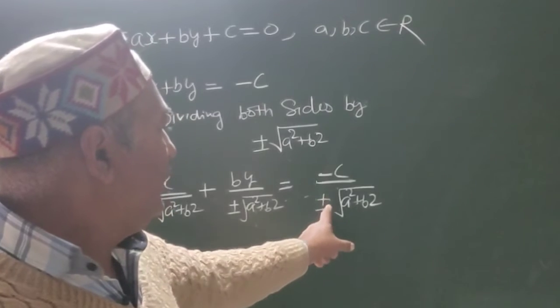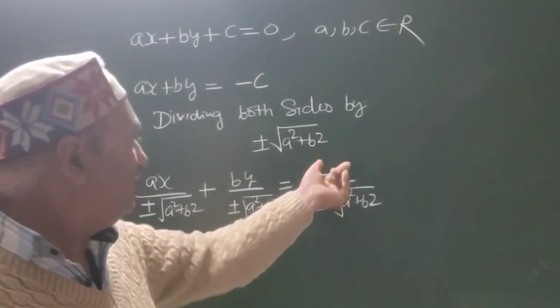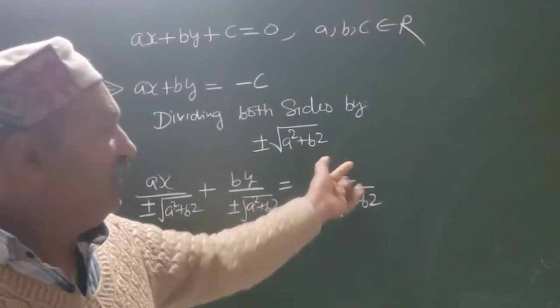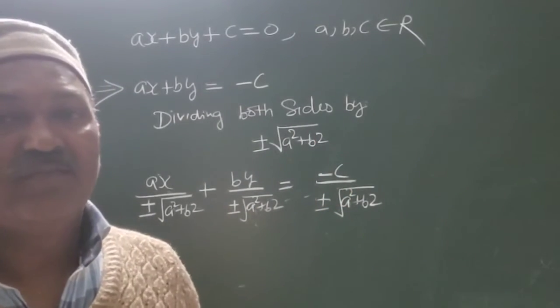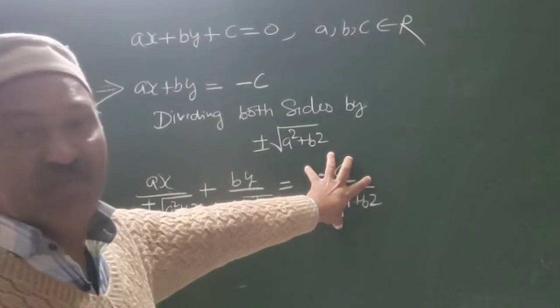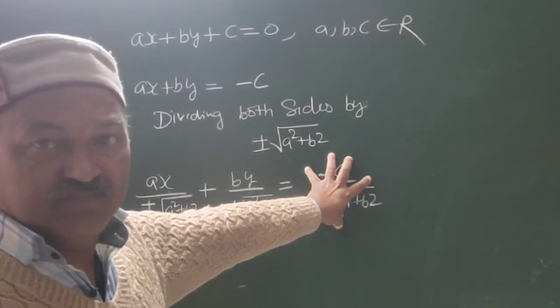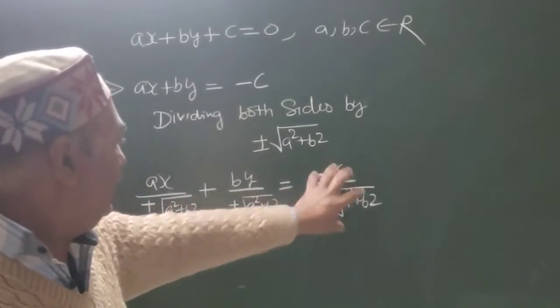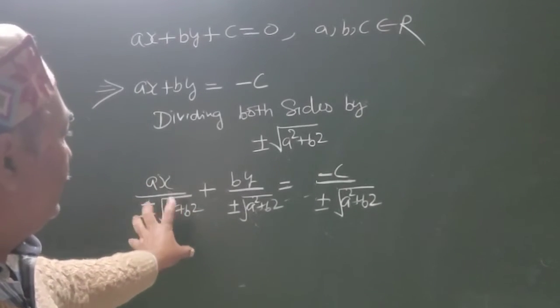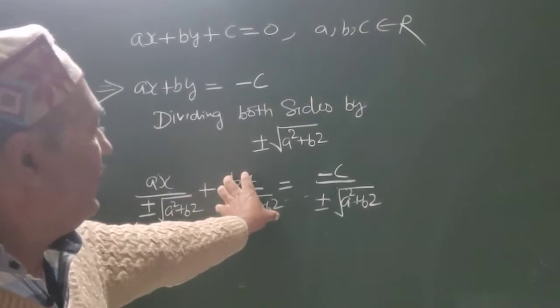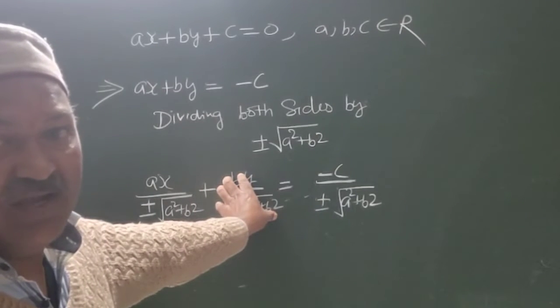Either ये प्लस होगा ये माइनस होगा. प्लस होगा तब जब ये ऊपर वाला पॉजिटिव होगा, माइनस होगा तब जब ये ऊपर वाला माइनस होगा. Now this must be positive. Now it is b, a upon plus minus a square plus b square square root. It is cos omega and it is sin omega.